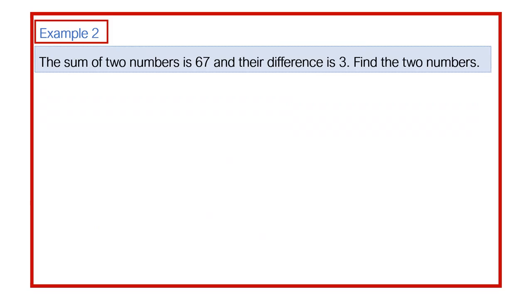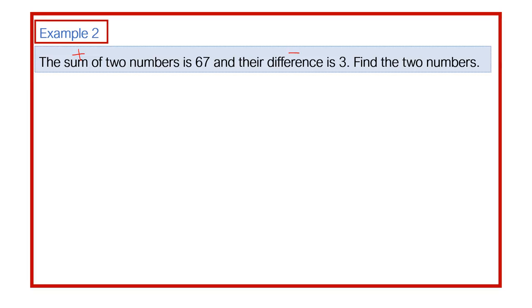So let us get example number 2. The sum of two numbers is 67 and their difference is 3. Find the two numbers. Remember, we get a sum using addition and we get the difference using minus.